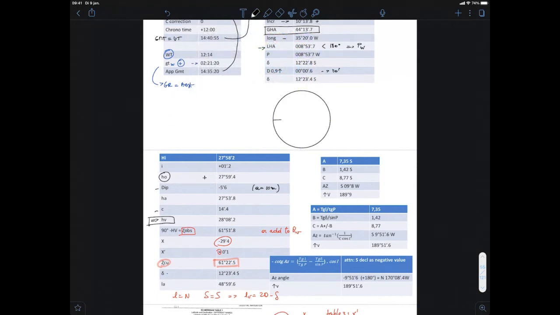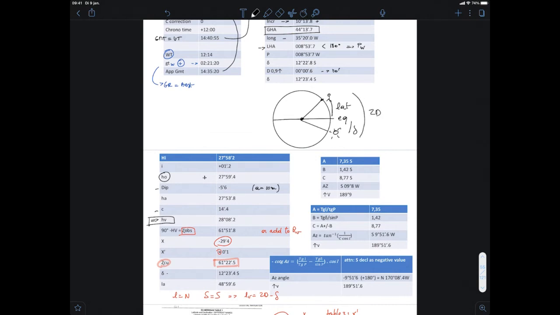Voilà. You say, okay, here, this is the equator. Our latitude is north, so that is where you are. That is where your ship is. This is the declination of the sun. So this is your latitude. This is the declination. And this is the zenithal distance.